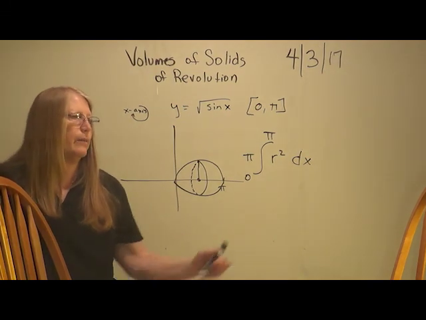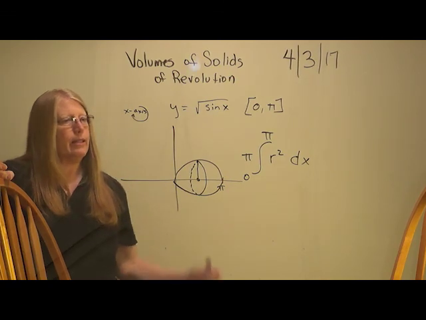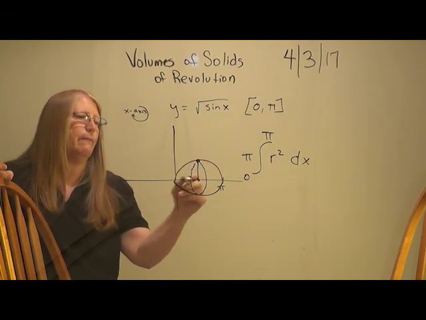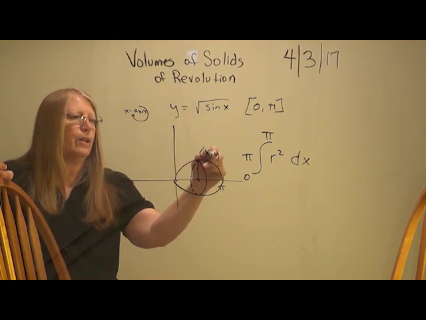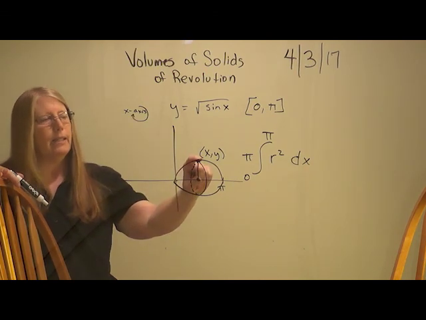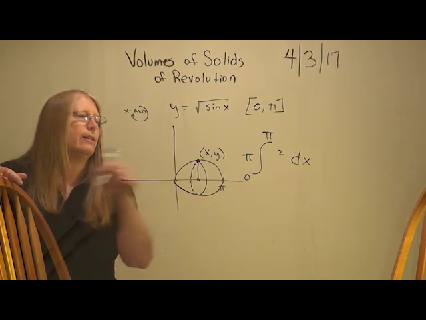So infinitesimally small changes in x are written as dx. Now I just need to improve on the radius. The radius is related to that point. We went over x and up y. So which of those variables will indicate this length? It is a y variable, so I can call it y squared.